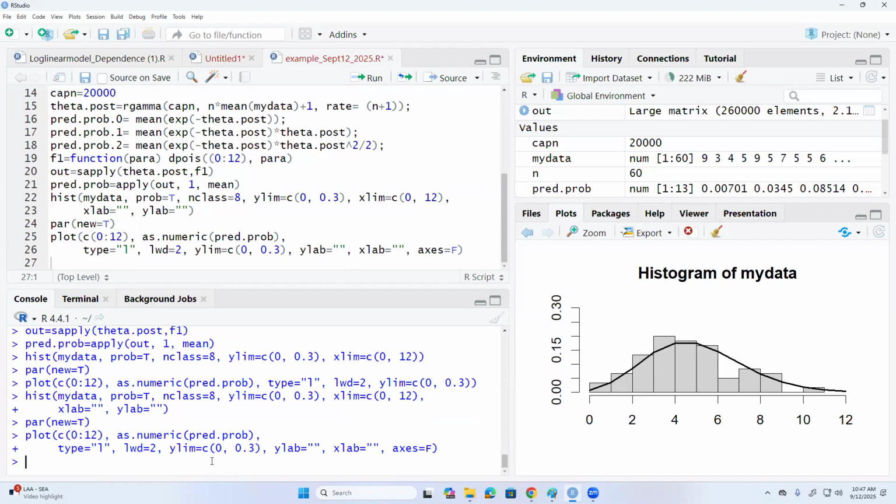But if the mean of the predictive distribution is towards the tail area of the data distribution, then there is a mismatch happening. That means the assumed model, either the model or the prior, is not properly aligned with what we expect from the observed data.